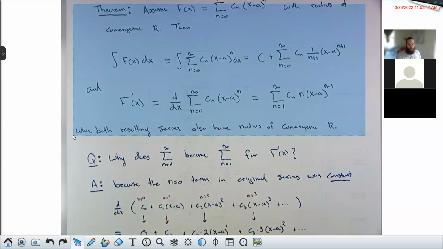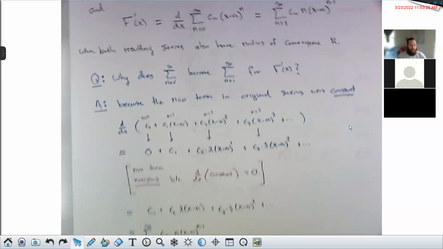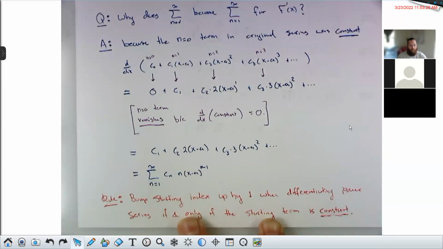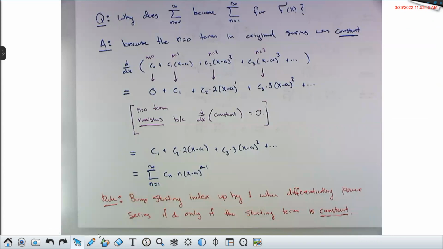This theorem that tells you how to integrate and differentiate power series. The blue is optional, right? I think the blue will help you understand the second formula. The red is necessary. So the black and the red. Yeah, so if and only if the starting term is constant. Oh, or here, this word is bump.